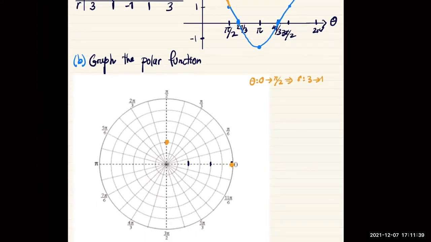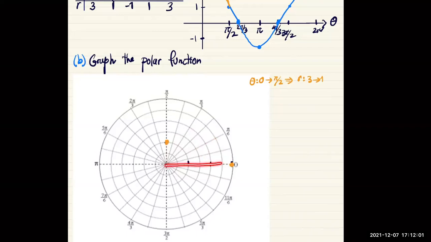Here r is 3 and here r is 1. This r is just getting smaller and smaller. It's getting closer and closer to 1. Remember that r is the distance from the pole to any point on the polar graph.